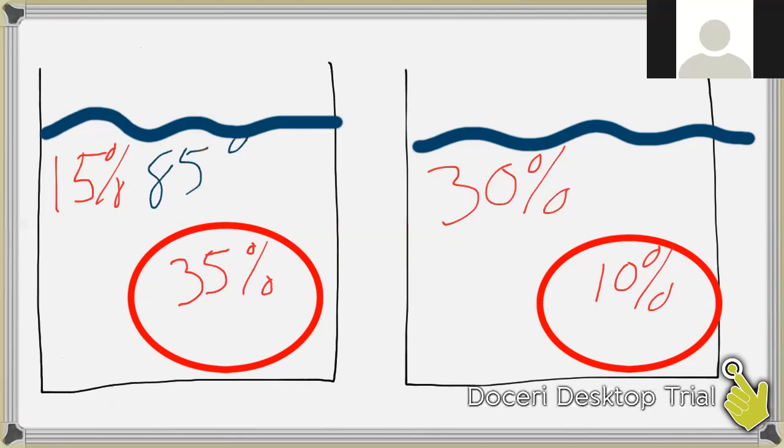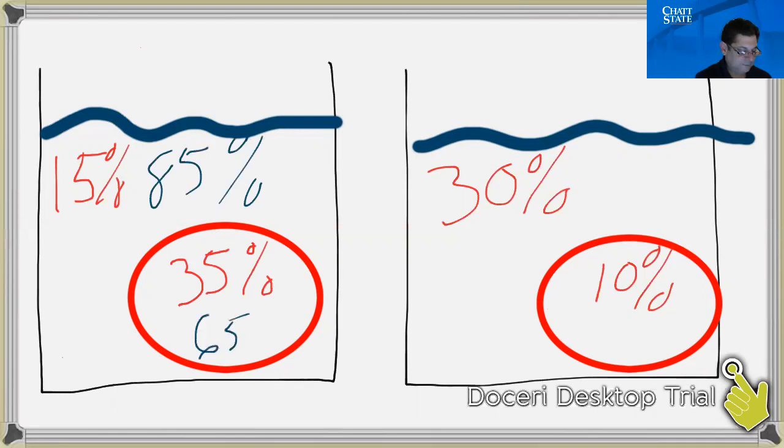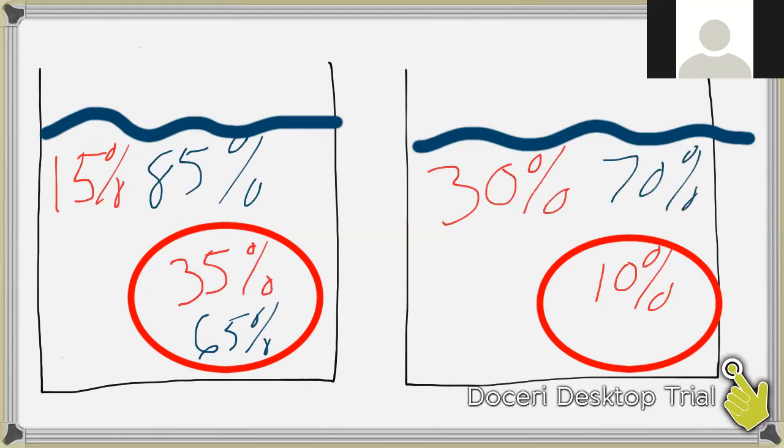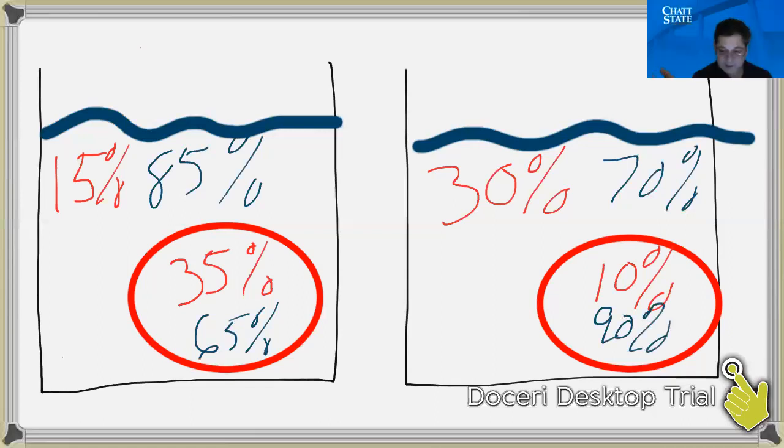Remember, blue is water, red is sucrose. What's the water inside that cell on the left? 65. What's the water on the right in the beaker? 70, perfect. What's the water inside that cell on the right? 90.